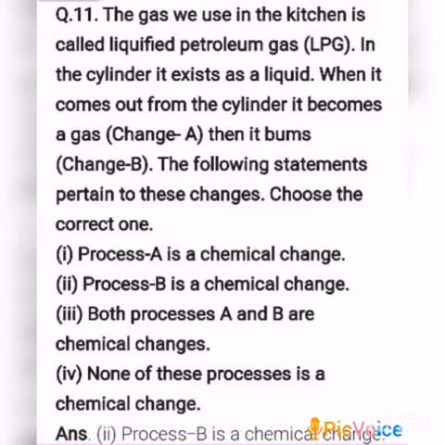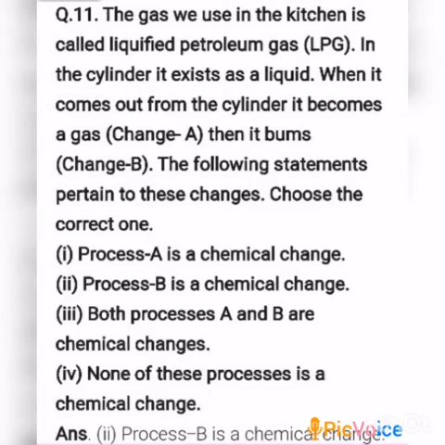What are the changes given here, children? First change. We use LPG gas in our home. This gas is in its liquid form in the cylinder. When it comes out from the cylinder, it becomes a gas.